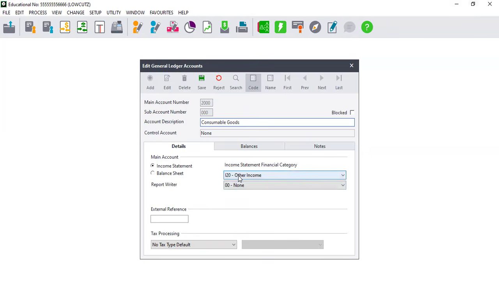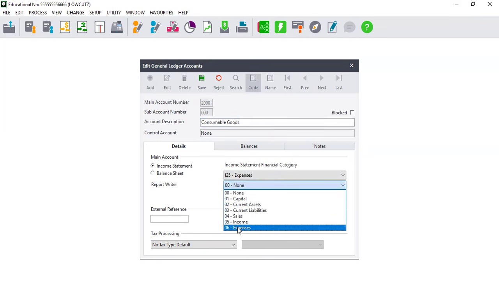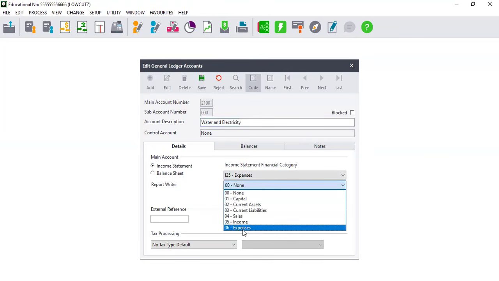So income statement, expense, expense. And we have water, electricity. So we just change it there now.